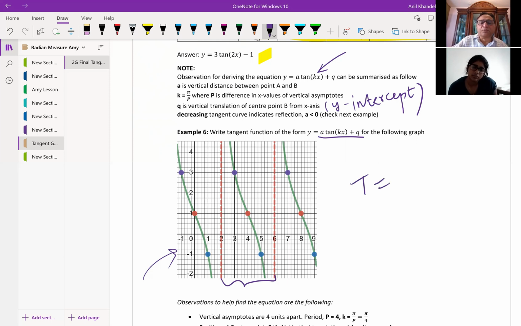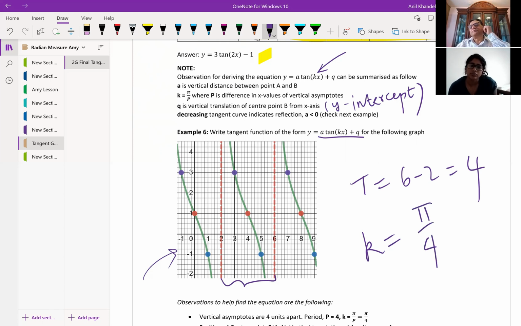In this case, it is from 2 to 6. 6 minus 2 is 4, correct? But we know that the period should have been pi. So the value of k will be equal to pi divided by 4. Do you see that? So we got the value of k directly from the period, which is given by the vertical asymptotes.